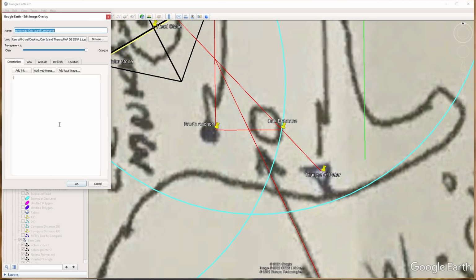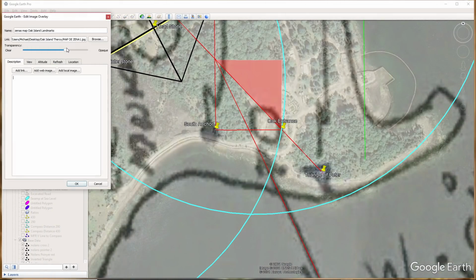So you can see here's the triangle, and this one is sort of like the inverse. So it's right here. Let me put that on, and I have to get this overlay a little bit down here so we can see what's happening. So basically, this is what the triangle of Peter is telling us.